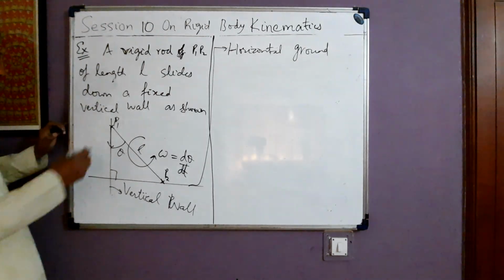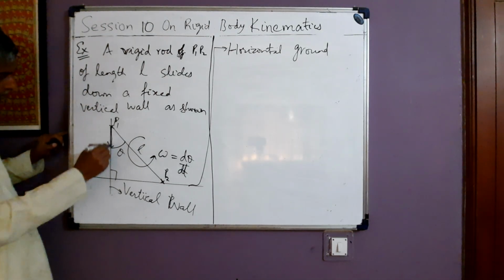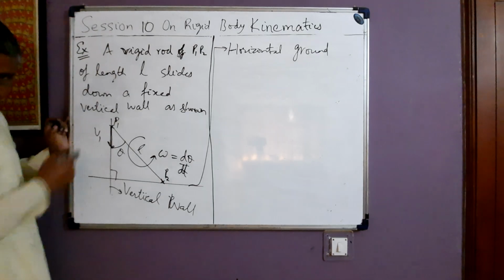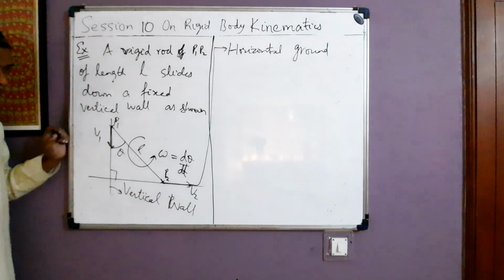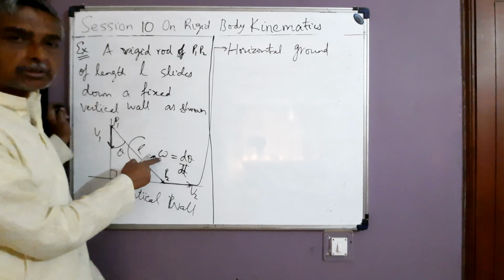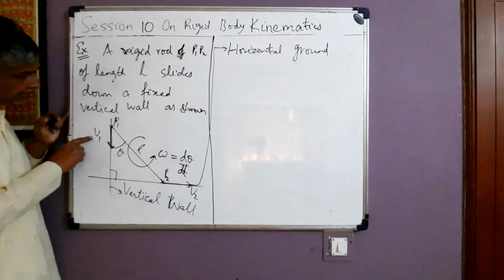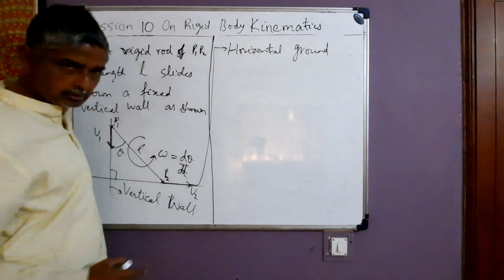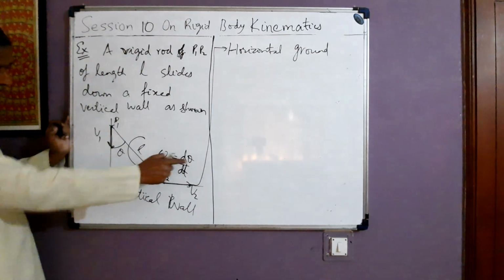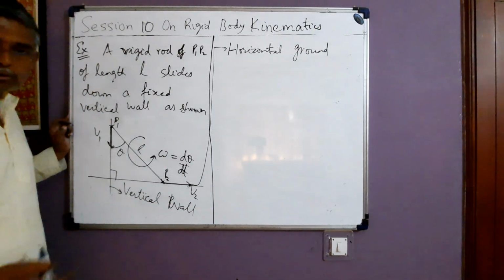Now we are given that at the given instant the speed of P1 is v1 with respect to ground, and the speed of P2 is v2 with respect to ground. Omega is also with respect to ground at the given instant. Omega is equal to d theta by dt, and the sense of rotation is anti-clockwise.